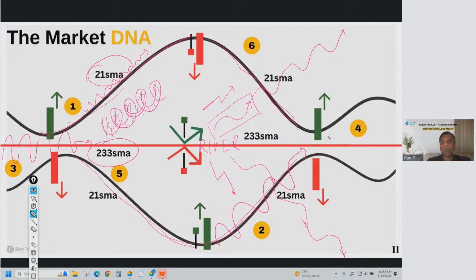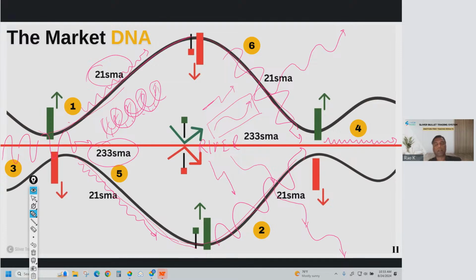Number 4, which I recommended that we avoid, is narrow range movement. Number 5 is the market going down, and number 6 is the market going down, making swings. So now we have mapped the market movement on this market DNA chart.